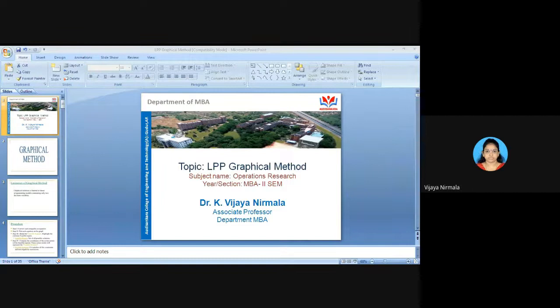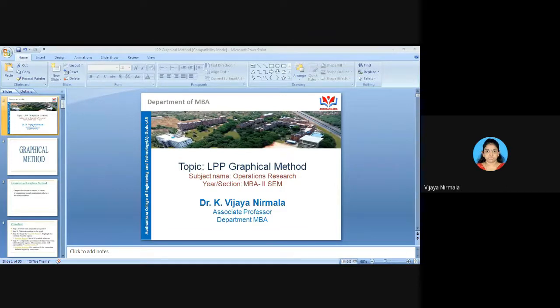How to write the objective function and the constraints, whether it is a maximization or minimization problem, and the non-negativity constraints. We have already discussed this in the previous session, with many examples of how to formulate.